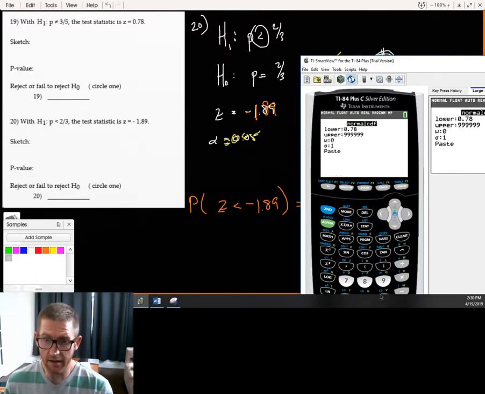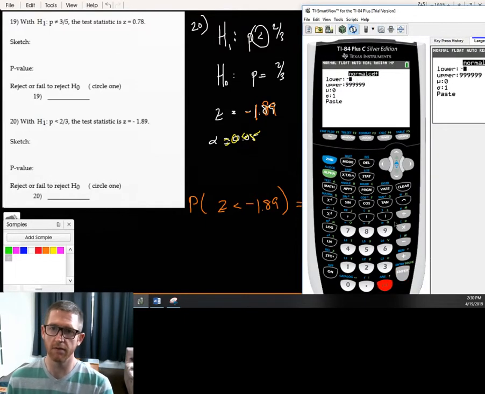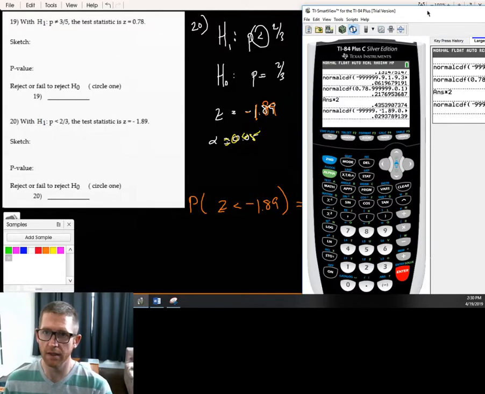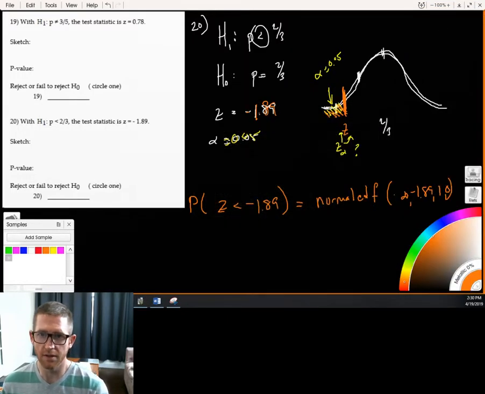Lower bound of a large negative number, upper value of -1.89. The result is 0.0293. So actually this orange area is 0.0293.